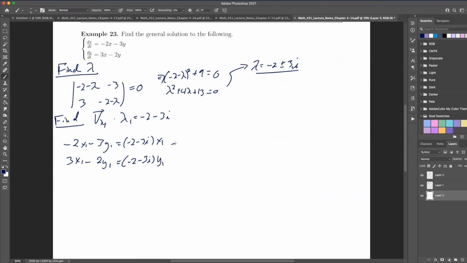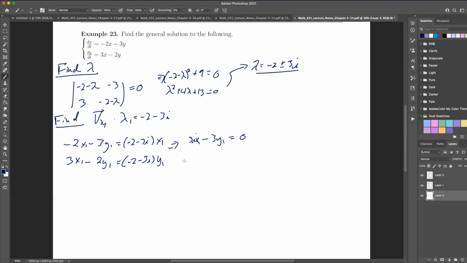Okay. And if I move this over, the minus 2x1s cancel, so I have a positive 3i. Yeah, I see why I did what I did. There's a good reason for it. 3i x1, y1 equal to 0.